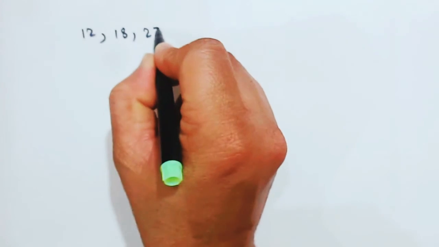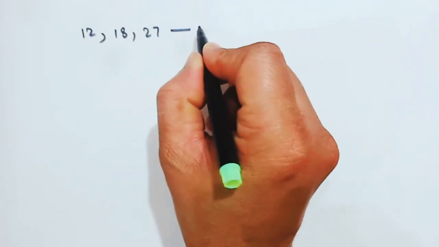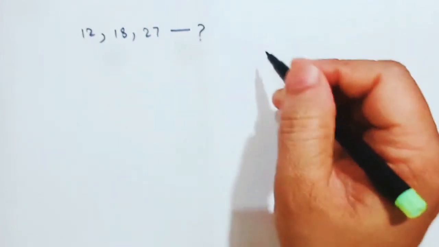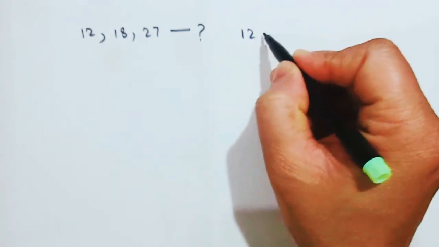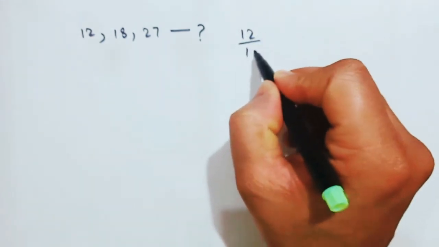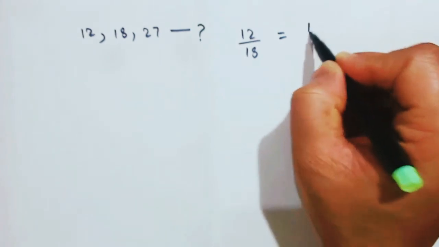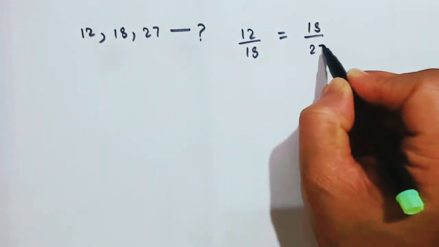However, let us take one more example, like 12, 18 and 27. Are these in continued proportion? So 12 by 18 should be equal to 18 by 27.